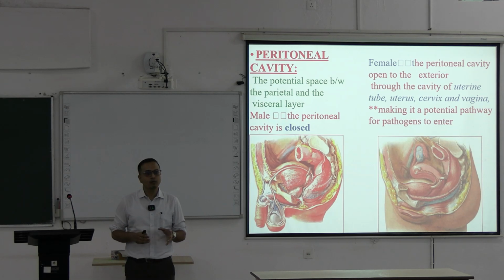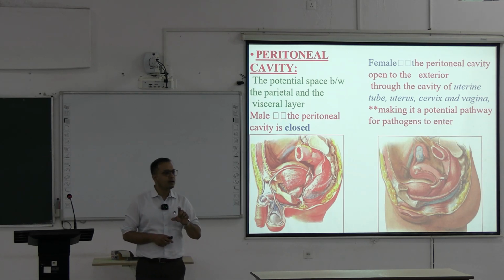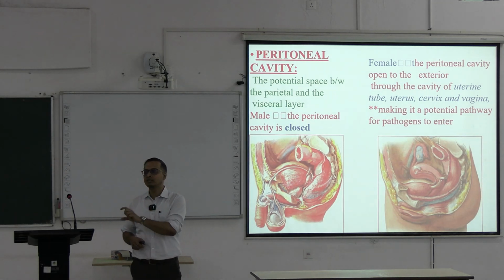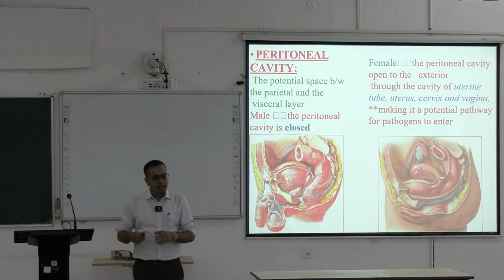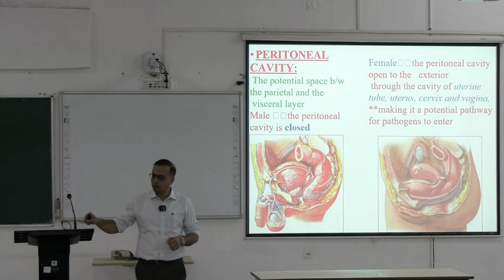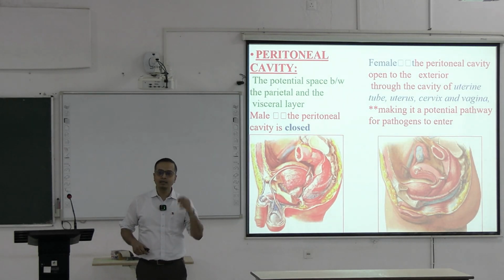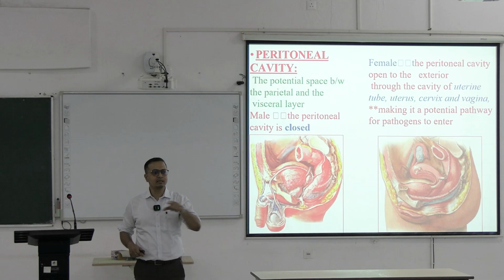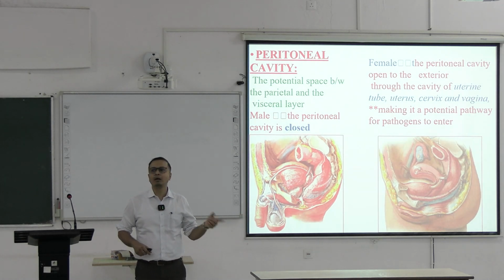So, that is why we ask a clinical question: explain why female subjects are more prone to pelvic inflammatory diseases or pelvic diseases. Explain why with your anatomical knowledge. We have to explain why this is more common in females and less encountered in male subjects.